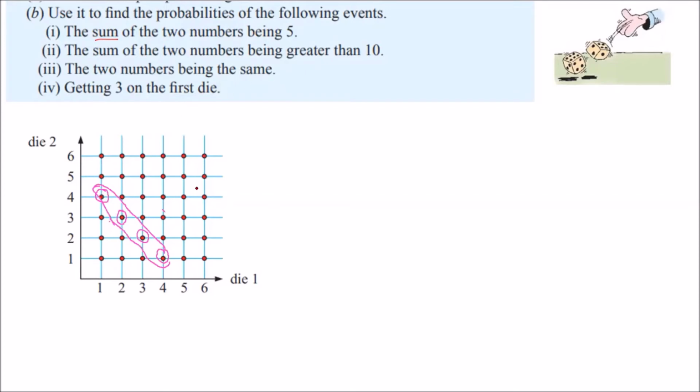How many events are there? N is 36. Out of 36, how many events have the sum of two numbers being 5? 4. 4 by 36, in simplest form, 1 over 9.